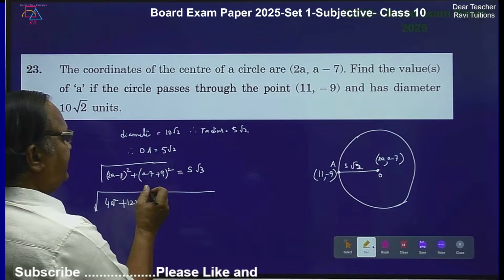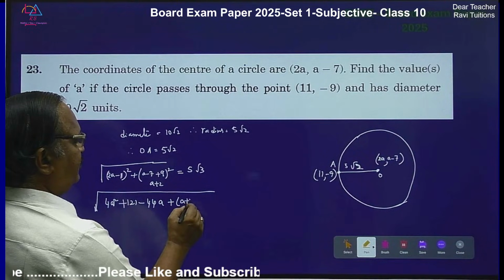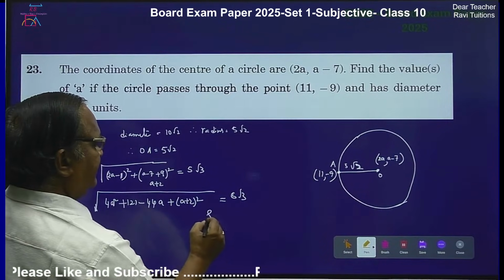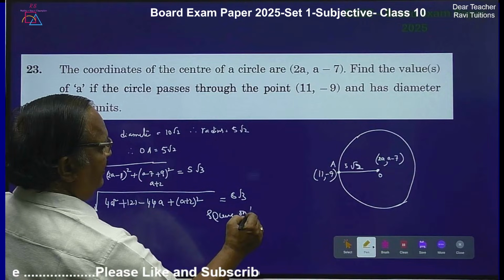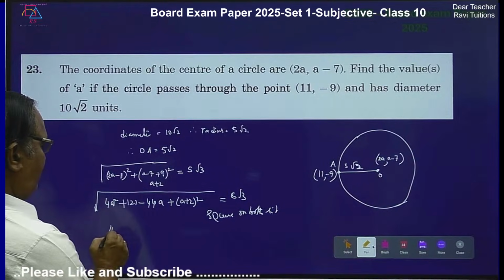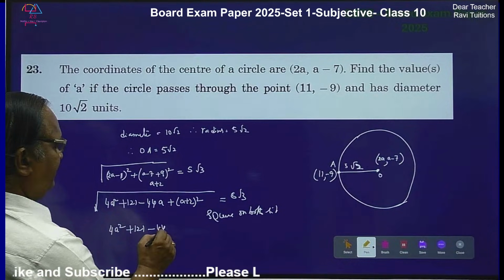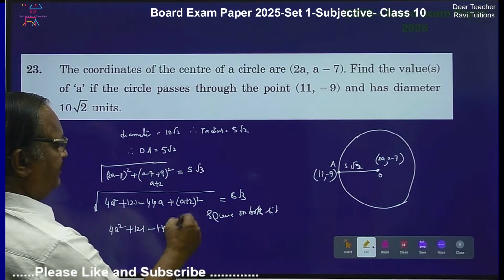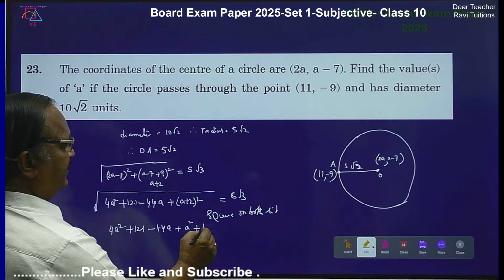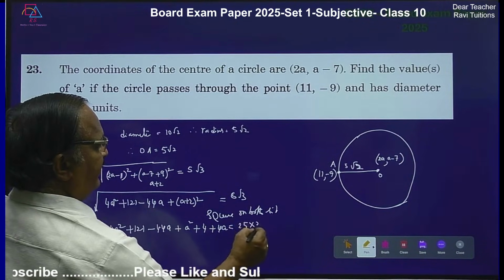So this is a plus 2, whole square. (a plus 2) whole square is equal to 5 root 2. Now square on both sides. So here 4a square plus 121 minus 44a. This is (a plus b) whole square again: a square plus 4 plus 4a. Right side 5 square is 25 into 2.